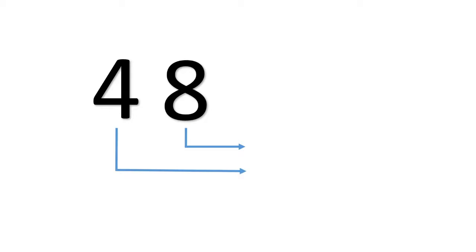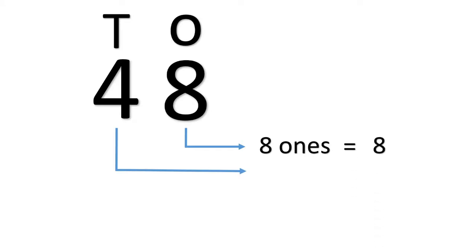Children, read the number which you can see. Yes, it is number 48. So tell me, in which place is number 8? Correct, it is in 1's place. Now tell me, in which place is number 4? It is 10's place. You're correct. So when you see number 8 in 1's place, we write it as 8 ones, which is equal to 8.